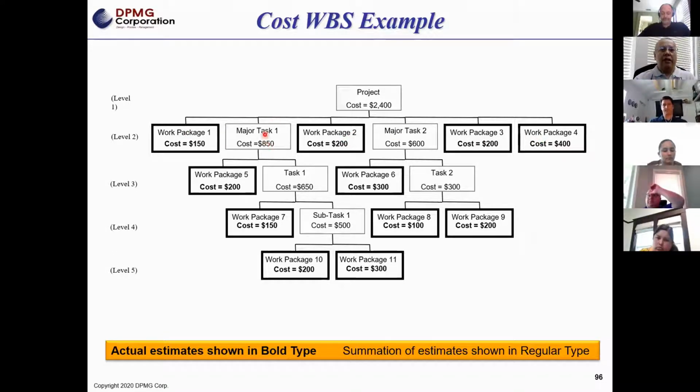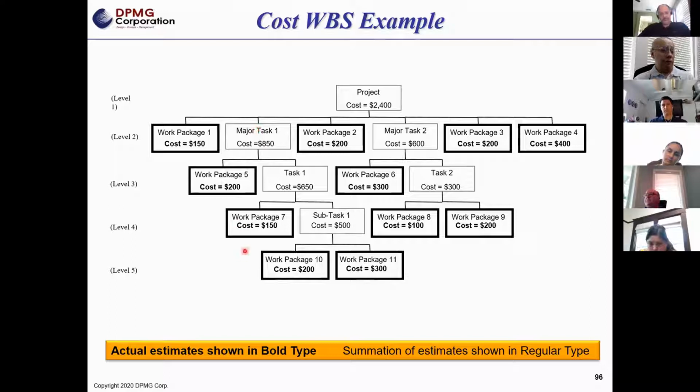If we take major task number one here, this one goes down 5 different levels. Work package, although we're not doing work packages, would be a task, but at your lowest level you're going to look at the cost. If I have 2 items here, one for 200 and one for 300, I roll that up to the next level, add that level up, and that rolls up to the next level, and so on. All of this is the cost of that particular task.